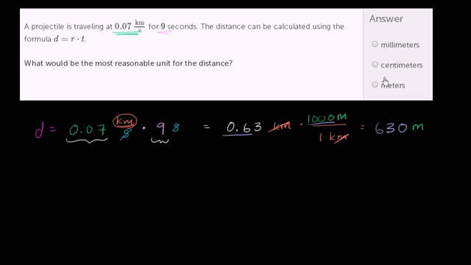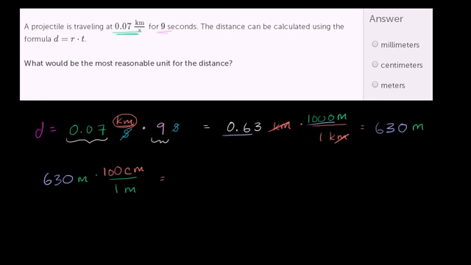But let's think about if we wanted to do centimeters, just to show that it gets a little bit more ridiculous. So if you want to describe 630 meters in terms of centimeters, once again, we want the meter here in the numerator to cancel with a meter in the denominator, and we want centimeters now. So how many centimeters equal a meter? Well, 100.